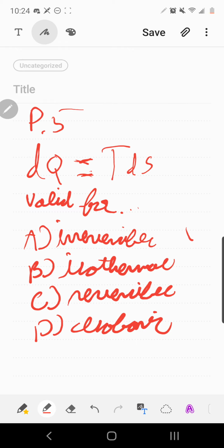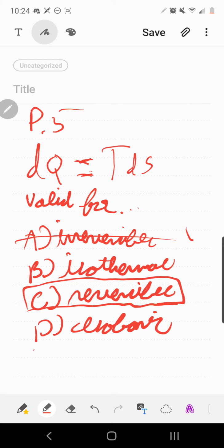Because of the equal sign, we know that this can't be something that's irreversible. It must be a reversible process because of the equal sign separating them. So that is the answer you should go for.